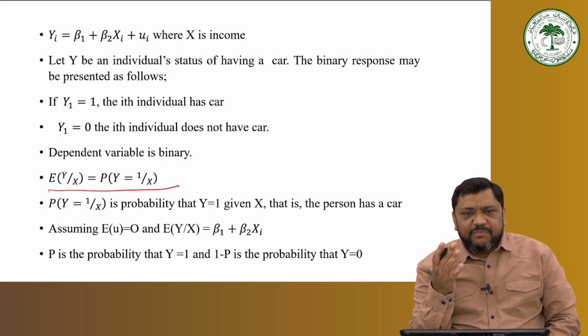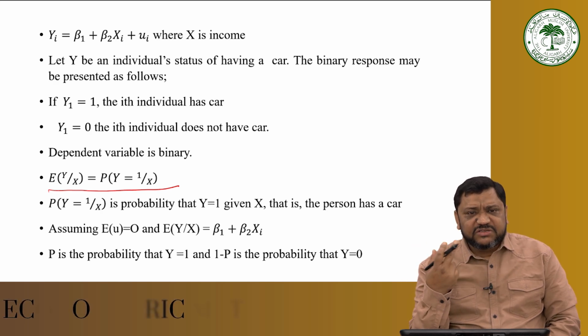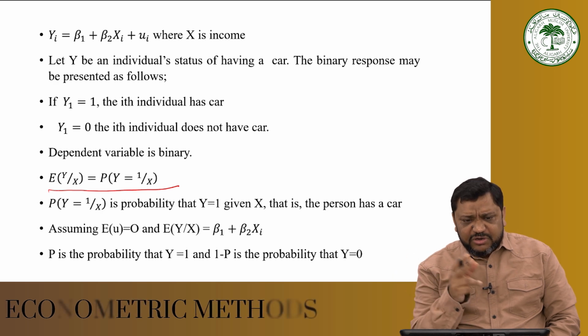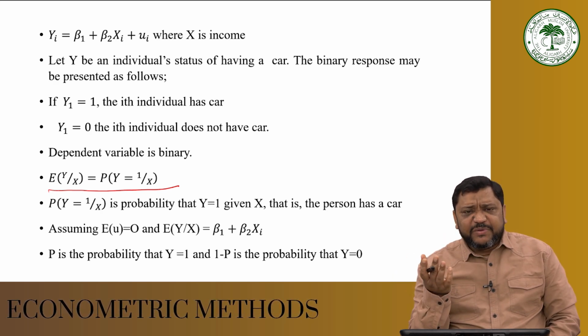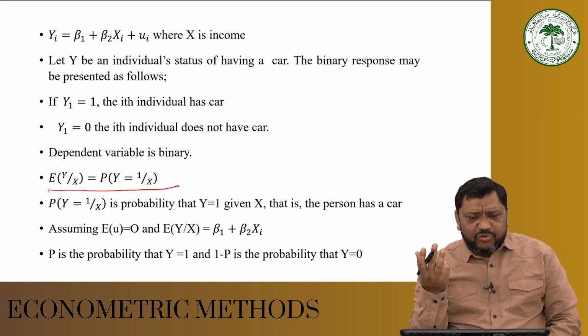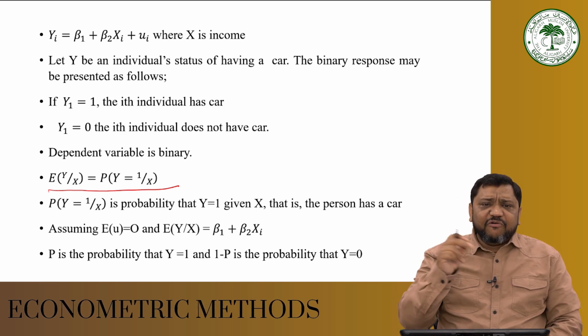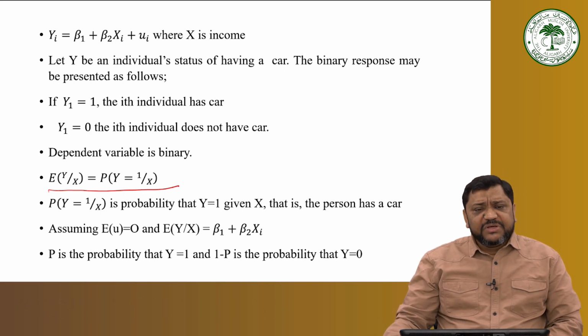So probability p plus q is equal to 1. P is the probability of success, q may be the probability of failure. We are not defining it in terms of q, rather we say that p is the probability that y is equal to 1 and 1 minus p is the probability that y is equal to 0, meaning thereby y is equal to 0 means that the individual does not have a car.